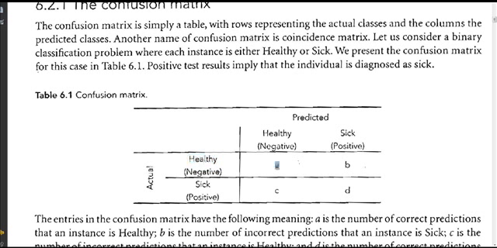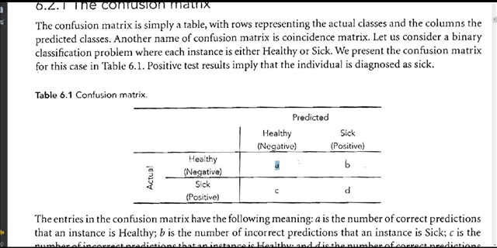Now, this will be a number, this will be a number, this will be a number, and this will be a number. Suppose this number is 10. What that means is that among the people who were actually healthy, the test predicted that among those 10 it predicted healthy.